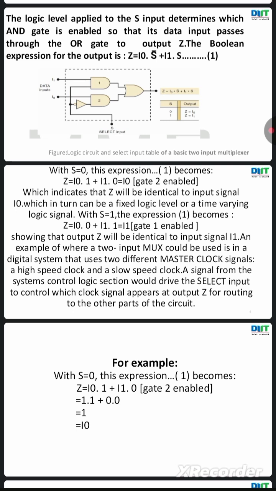If the select line S is 0, the output Z will be equal to input I0. If S is 1, then Z will be equal to input I1.